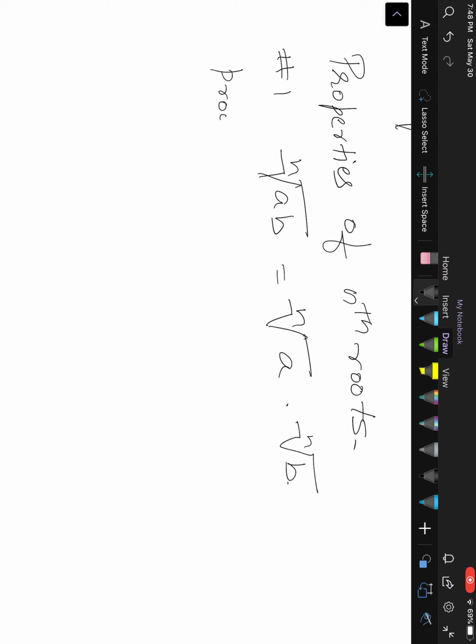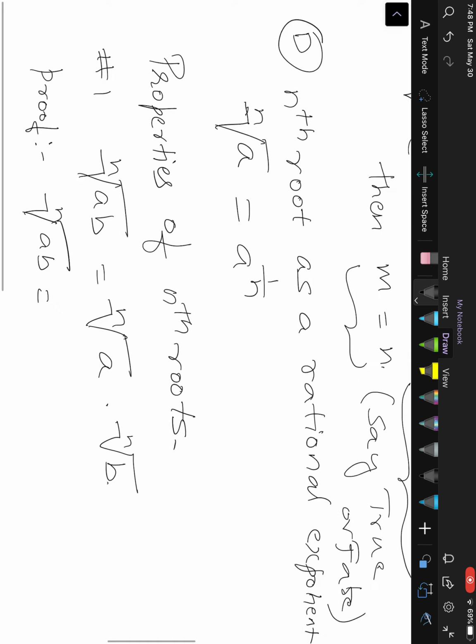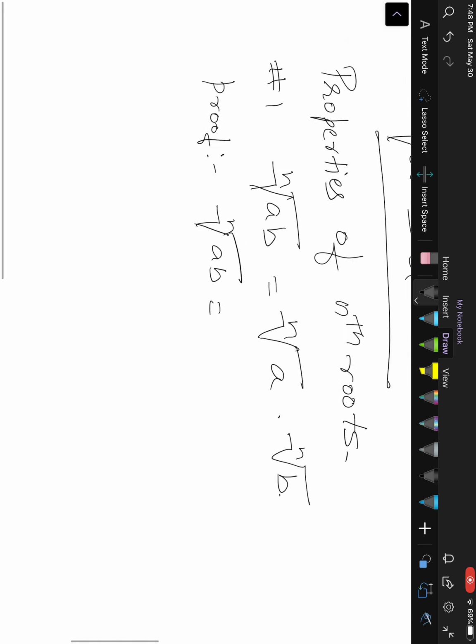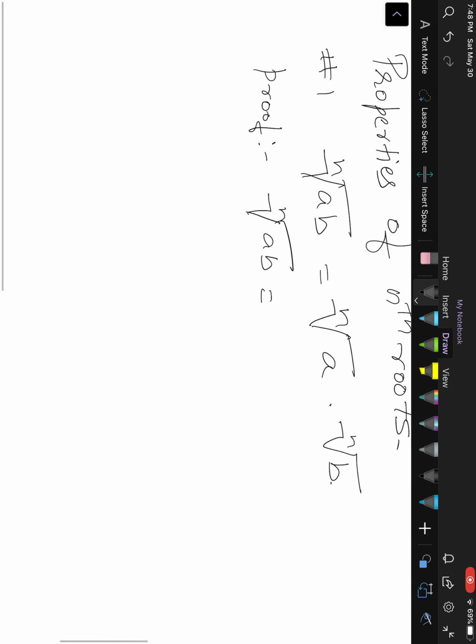So to prove this, I consider the LHS, nth root of ab. Applying the definition here, this can be represented as a power of a rational exponent, like (ab) to the power of 1 by n. But by the rules of exponents, we know that this power can be distributed to both a and b.